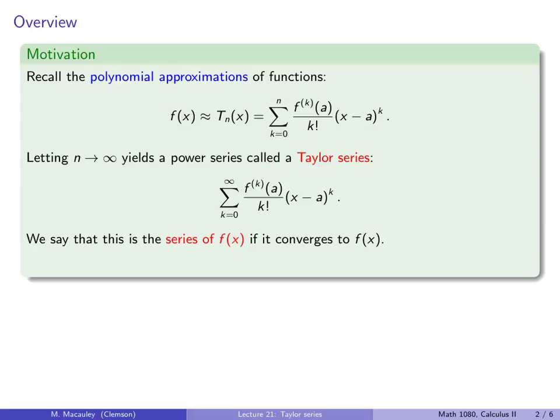Replacing n with infinity makes it a Taylor series. We say that this is the series of f of x, or the series of a function, assuming that it converges to the function. A special case of this is when a equals 0, then the Taylor series is called a Maclaurin series. So the Maclaurin series is just a special case of a Taylor series.